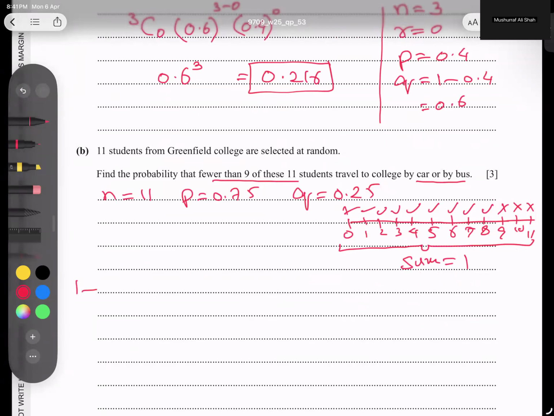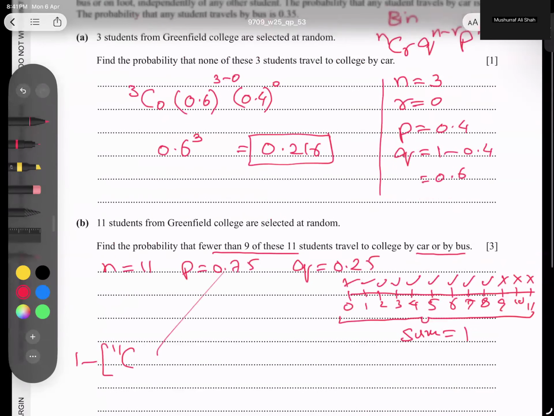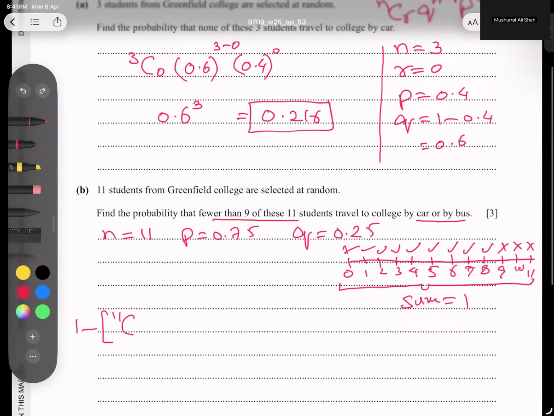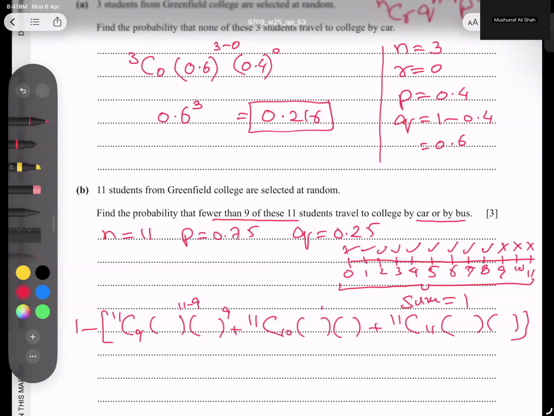So 1 minus, applying 3 times, the 11C9, because one time I use 9, one time 10, and one time 11. The same binomial formula I'm using. So I'm getting here 9, then 10, and lastly 11. I hope the point is very clear. And here 11 minus 9, here 9, here 11 minus 10, here 10, here 11 minus 11, so here 11.